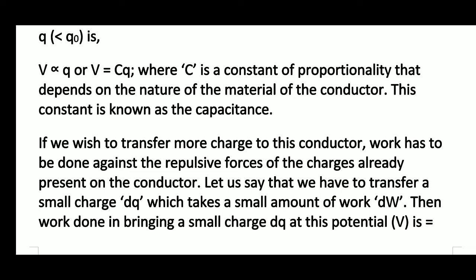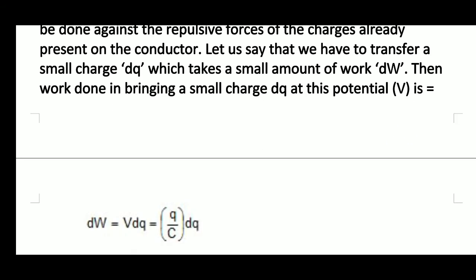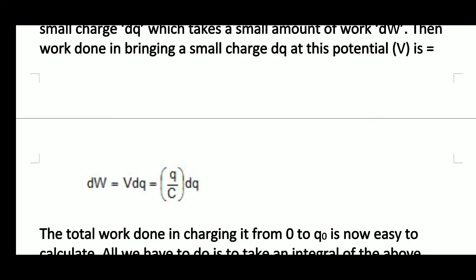This constant is known as capacitance. If we wish to transfer more charge, the dq charge, we have to do some work. That work done is dW, so dW is equal to V into dq. The V, as we know, is Q upon C, so it becomes Q upon C into dq.